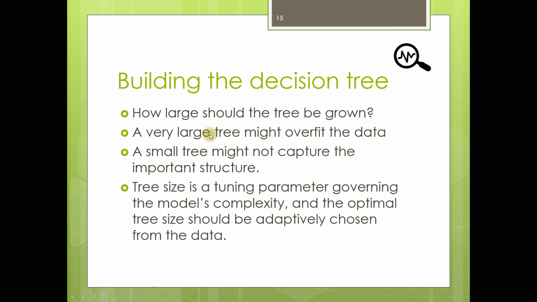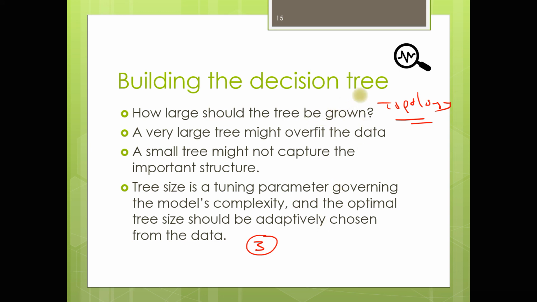Okay, but the next step is how large should the tree be grown? All right, how large should the tree be grown? This is what we refer to as the topology of the tree, as I explained to you earlier. Because when you are applying this process, you might come up with a tree where, in the example that we took earlier, there were 3 terminal nodes with a small tree.